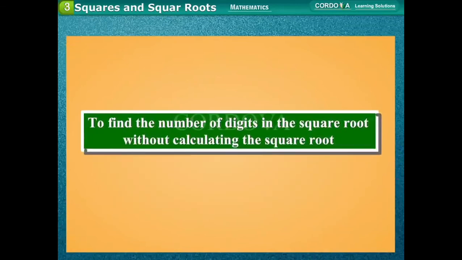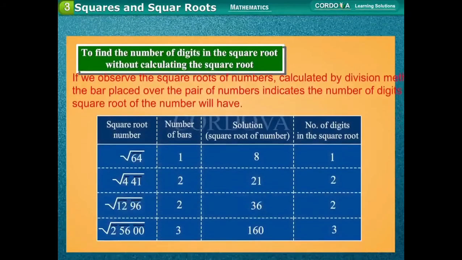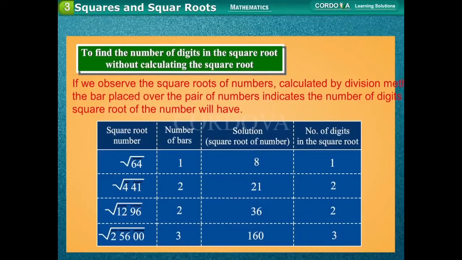To find the number of digits in the square root without calculating the square root: if we observe the square roots of numbers calculated by the division method, the bar placed over the pairs of digits indicates the number of digits the square root of the number will have.